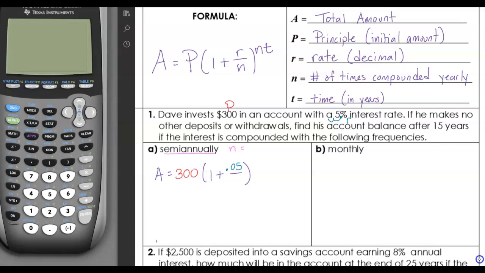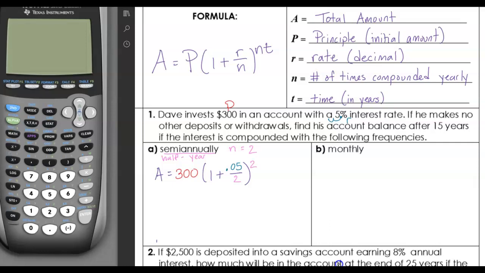If you say something is annual, it means it's yearly. If you say semi-annually, remember, semi means half. You're compounding every half year. Or, yes, Sydney, twice a year. n is 2. Semi-annually, like if you have an event that occurs semi-annually, it means it occurs twice a year. So our n is 2.